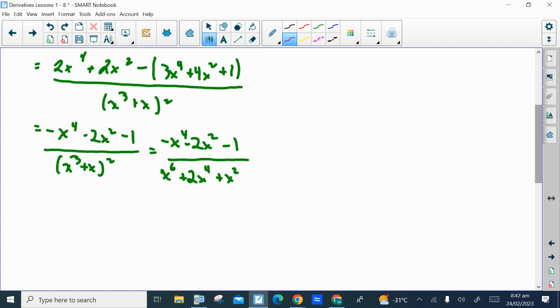And now the denominator has a common factor. Okay. So I've got negative x to the fourth minus 2x squared minus 1 over. If you take out a common factor of x squared, that will give you positive x to the fourth, positive 2x squared, and positive 1.